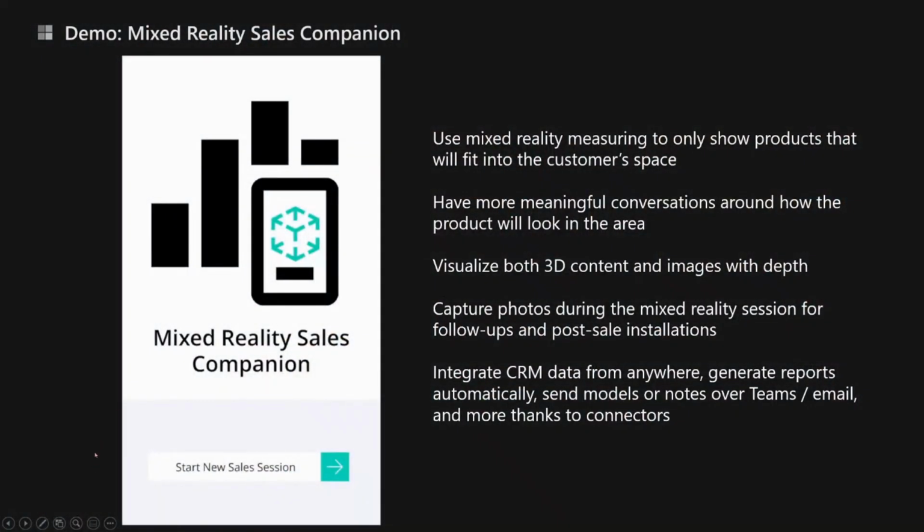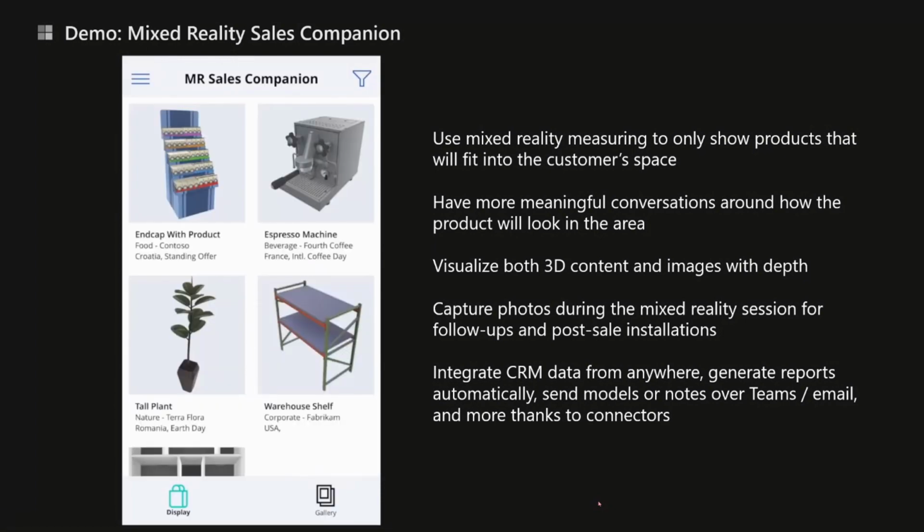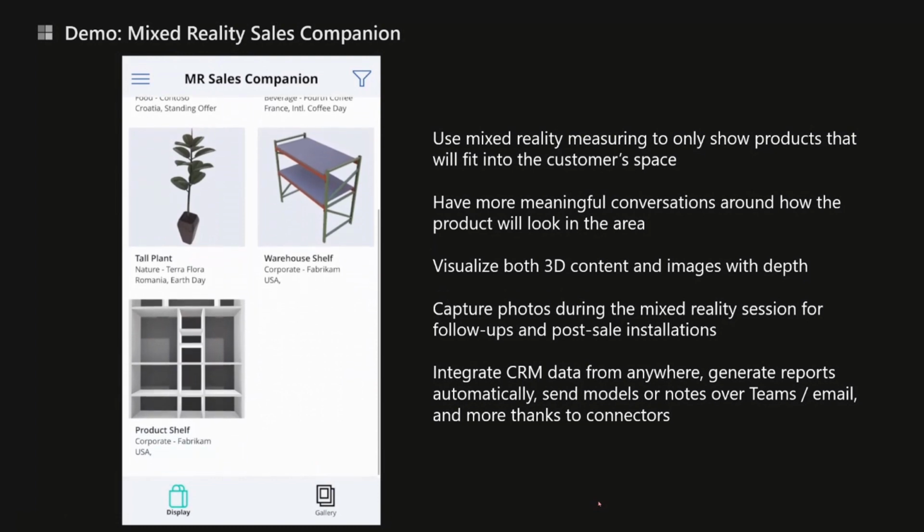For the demo that I brought for you all today, we have a mixed reality sales companion app. Similar to what I showed before, it's going to be able to show products that will fit into a customer space. As we press start, the person will start the new session, and these will be the different products that will be available for them to try out.